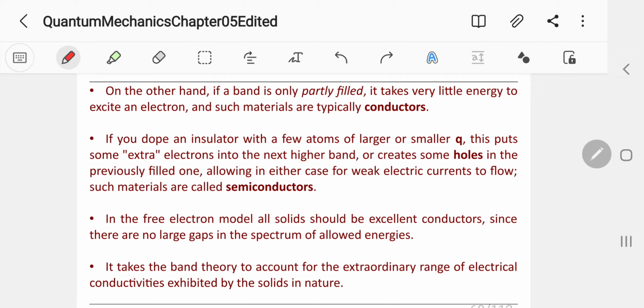So they will provide holes or provide electrons that can transfer from one band to another. So you're making a semiconductor out of an insulator.